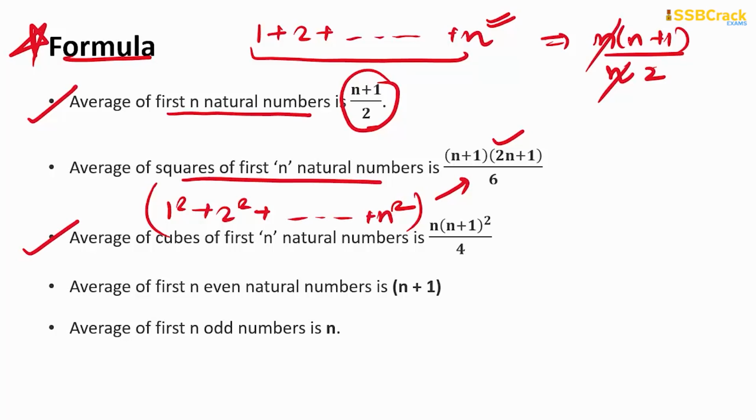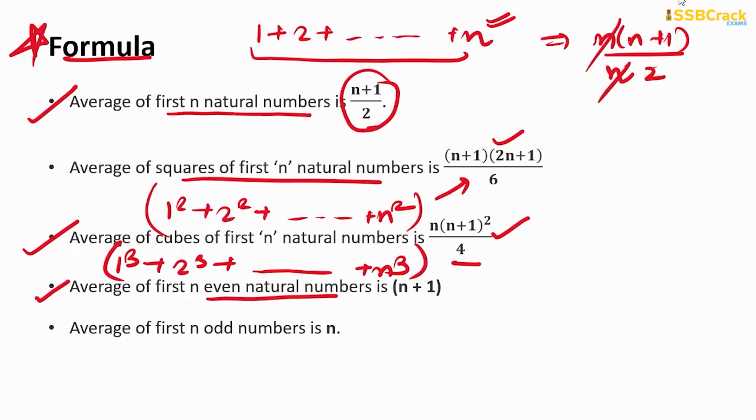Again, for the cubes of the first n natural numbers, that is 1 cube plus 2 cube up to n cube, the average of this series will be given by n into n plus 1 whole square divided by 4. Okay. Now the average of the first n even natural numbers is very easy and it is given by n plus 1. Similarly, the average of the first n odd numbers is given by n here, right?